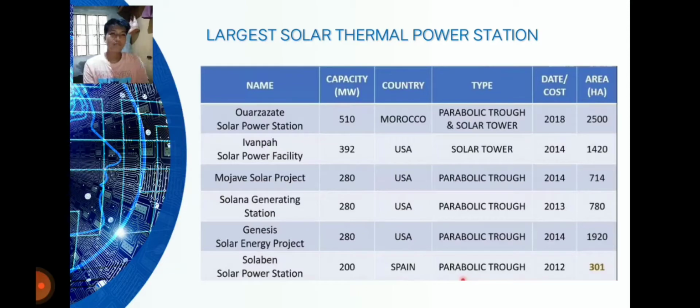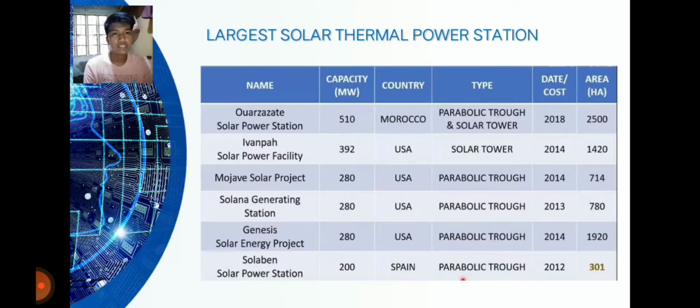Then yung panglima, the Genesis Solar Energy Project. Meron siyang capacity na 280. So sa USA din siya sa country. Makikita din parabolic trough type. And then the date cost niya is 2014. Then yung area niya is 9,920.